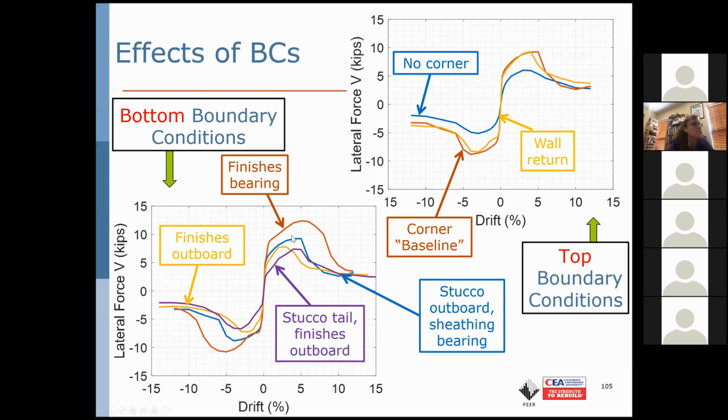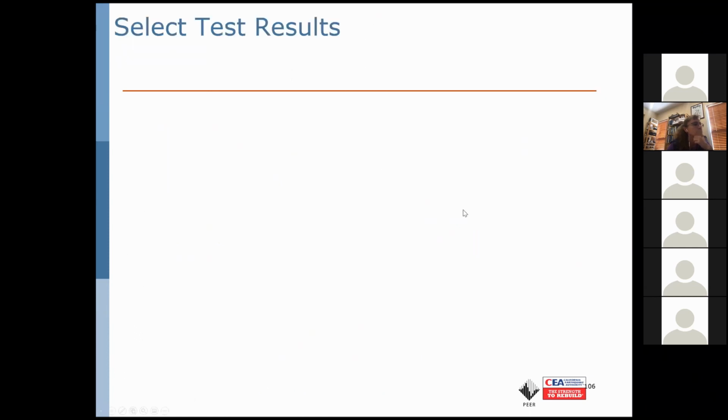There's a slight increase in the drift strength when the stucco is placed outboard, and the bearing of the sheathing intends to separate the sheathing and the stucco as a finished unit, so that suppresses this effectively and allows a slight bit more drift strength in that configuration.